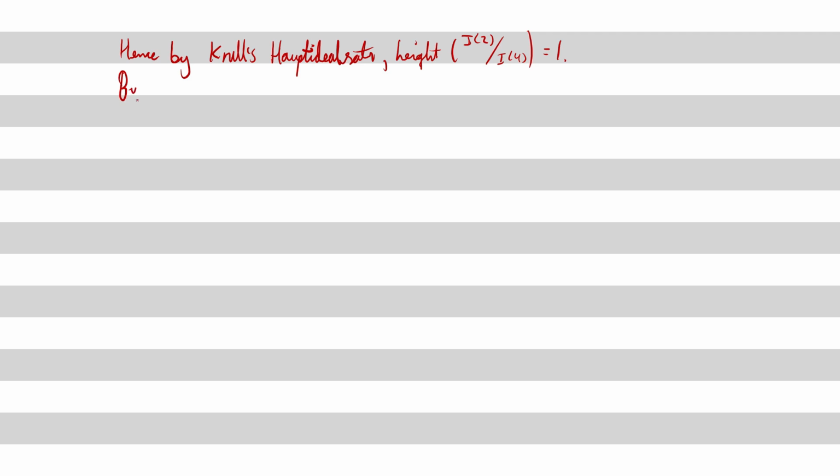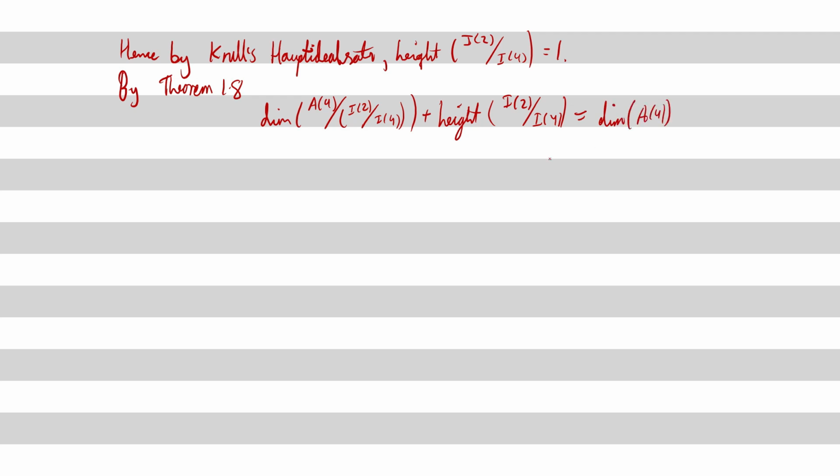Now, by theorem 1.8 from Hartshorne, we have the dimension of A of Y over I of Z over I of Y plus the height of I of Z over I of Y equals the dimension of A of Y. Or simplifying by one step, this is the dimension of A of Z plus 1 equals r.